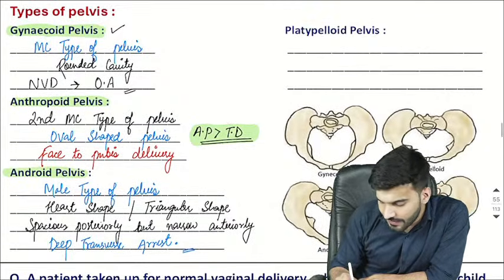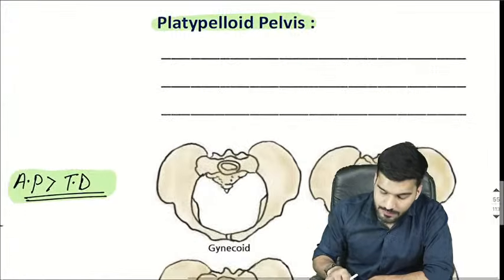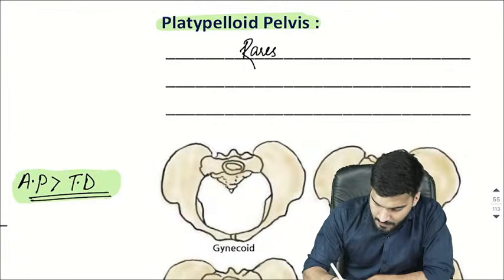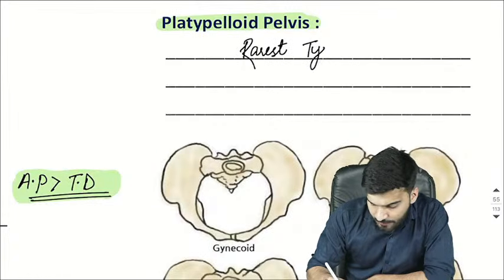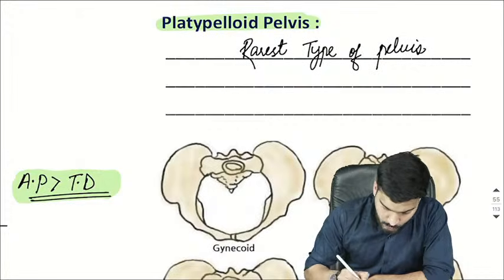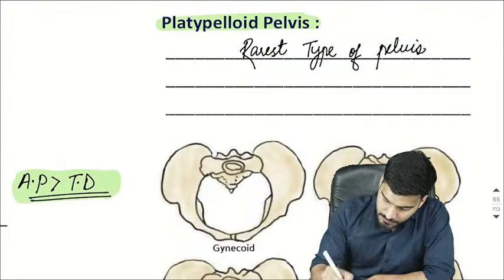Now the last one, the platypelloid pelvis. It's the rarest type of pelvis. The shape of this pelvis is transversely oval, you can see in the picture.